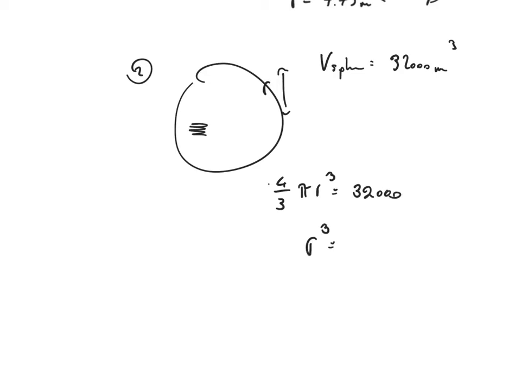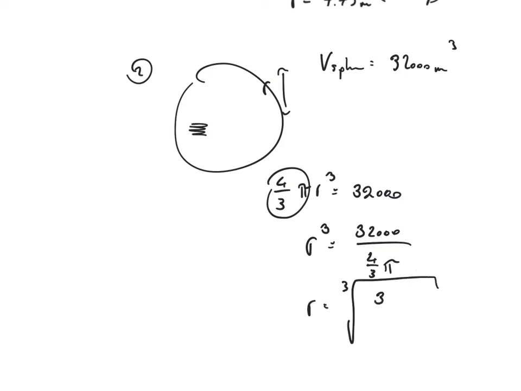I'm then going to bring the 4/3 pi down and divide, so that's r cubed equals 32,000 over 4/3 pi. And then get r cubed down to r by taking the cube root, so it's the cube root of 32,000 over 4/3 pi. Enter it into the calculator carefully to get to 2 decimal places this time: 19.70 centimeters.